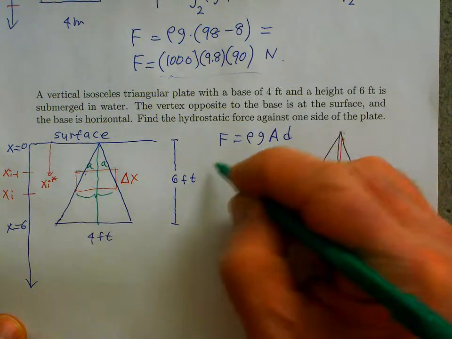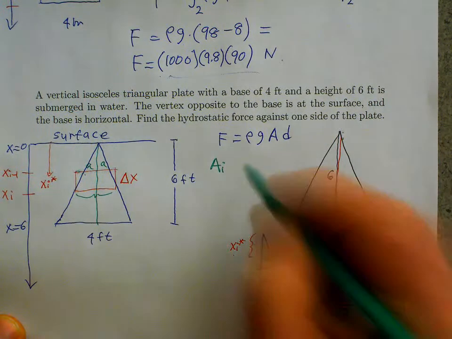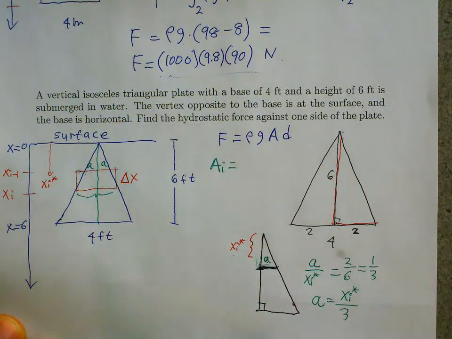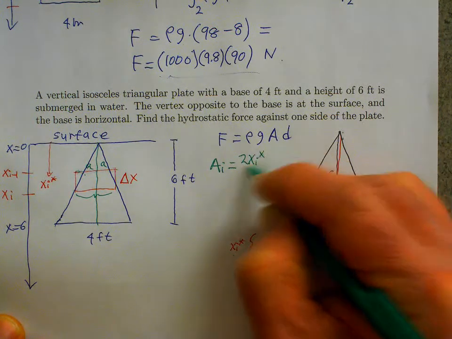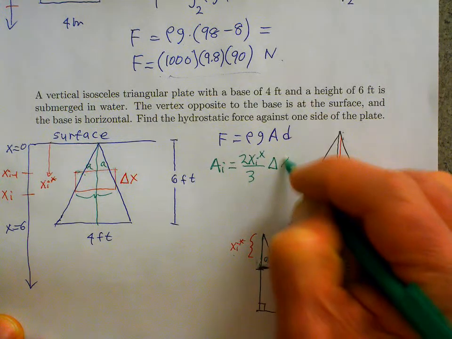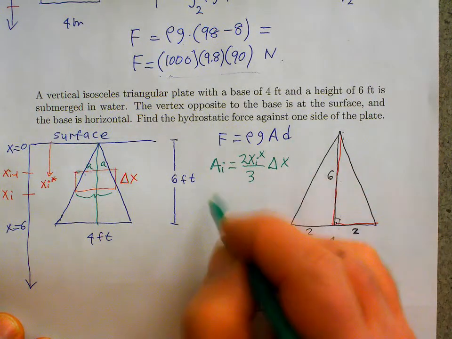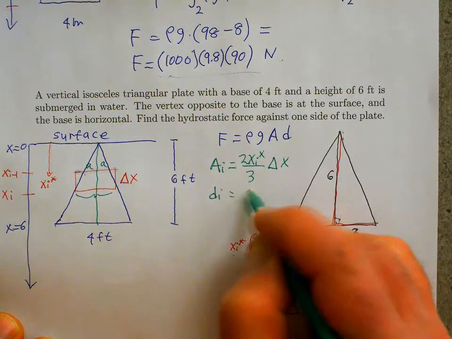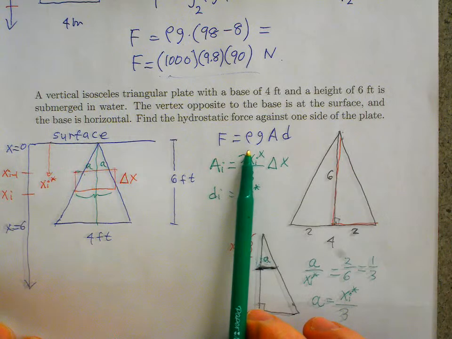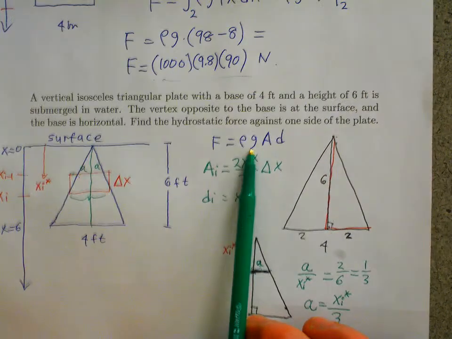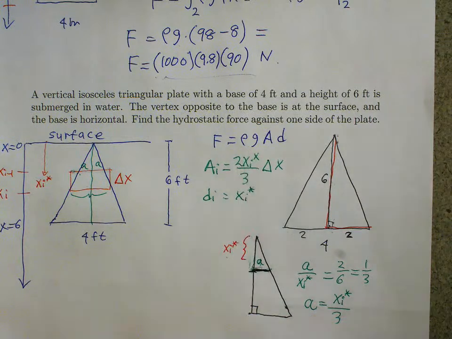Okay, so our area for that particular rectangle is 2 times x sub i star over 3 times delta x. And we know that d sub i is x sub i star. And in this case, rho times g, the constant there, is 62.5.